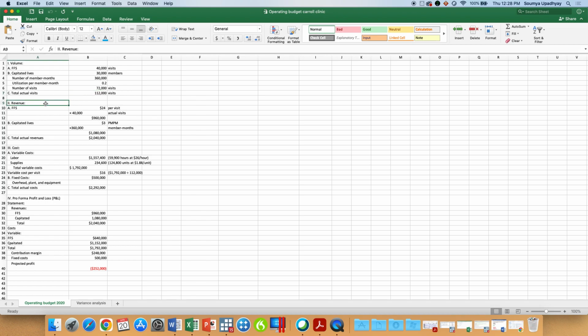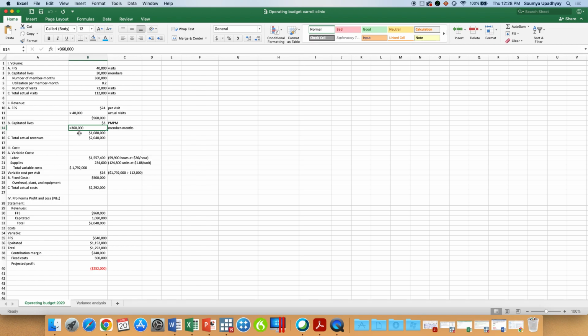The second part of the operating budget is revenue, where you have the fee for service, which is $24 per visit, and 40,000 actual visits. You multiply these two to get $960,000 in terms of revenue for the fee for service patients. For the capitated lives, we have $3 per member per month, and we also have 360,000 member months.